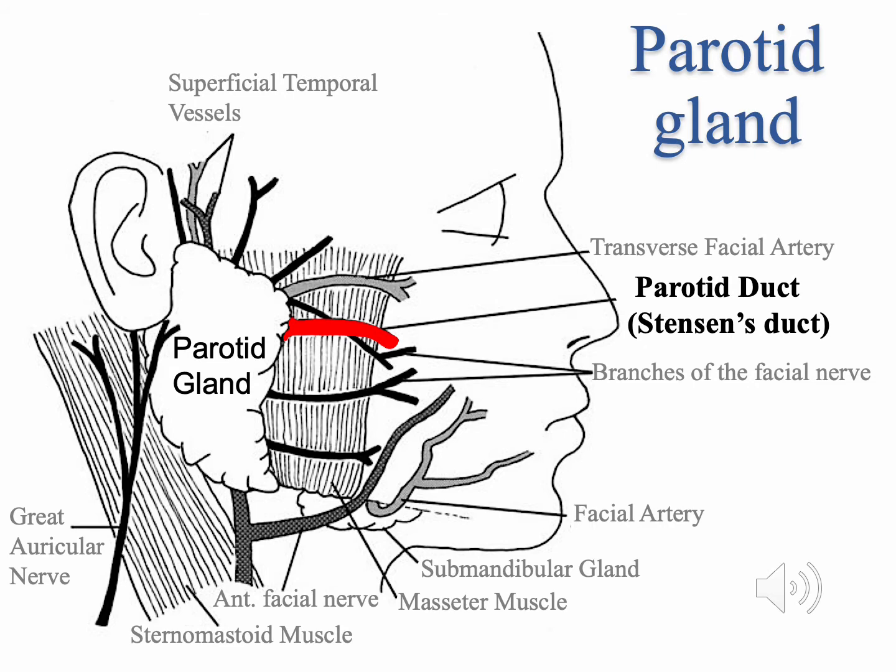This duct is roughly 4 to 7 centimeters in length. It exits the gland along the anterior edge and traverses our masseter muscle. It penetrates the buccal fat pad and the buccinator muscle to open up into the oral cavity within the buccal mucosa. This area is roughly adjacent to the second maxillary molar.